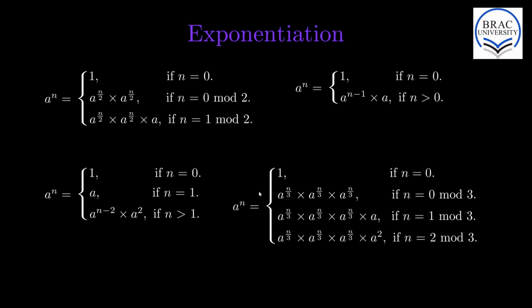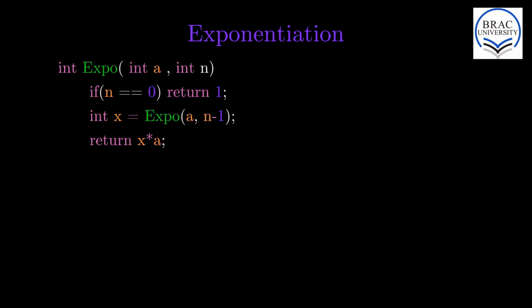So now let's see how these codes look like. This is the code for the linear approach. We are trying to calculate a to the power n, and we're using a to the power n minus 1, then just multiplying a.